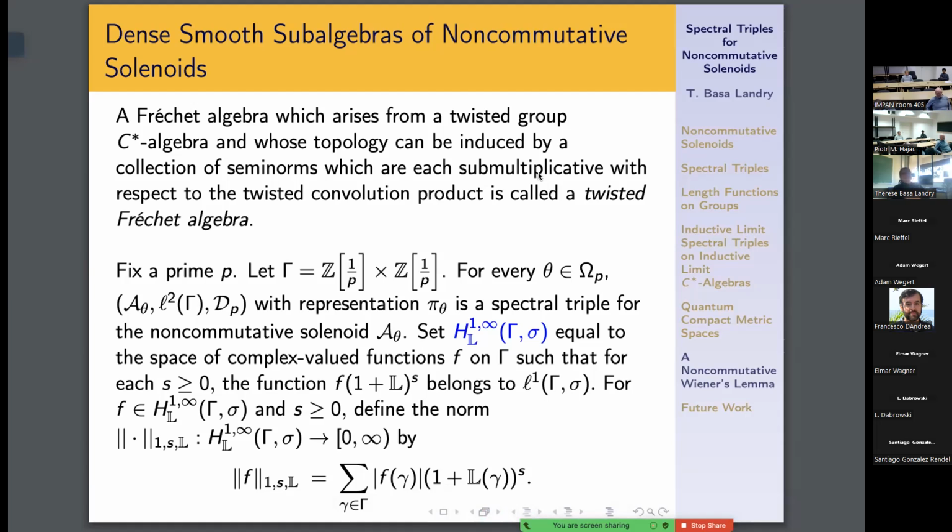Right, but when you look at the submultiplicativity, that's going to play a role. So it's an algebra. Yes. Submultiplicativity means you are taking this property with respect to this product. Okay, so then sigma, yes.